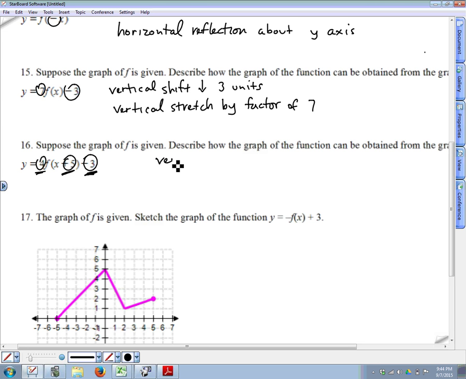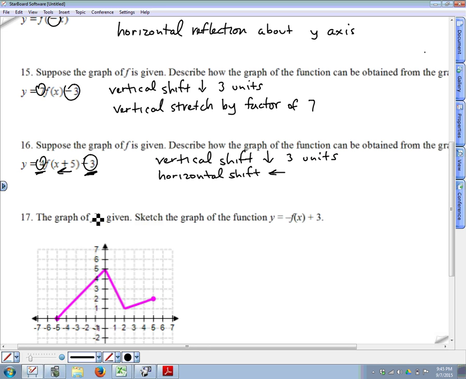So a vertical shift down 3 units. We've got a horizontal shift. This one you just got to remember, it's inside the function's opposite.